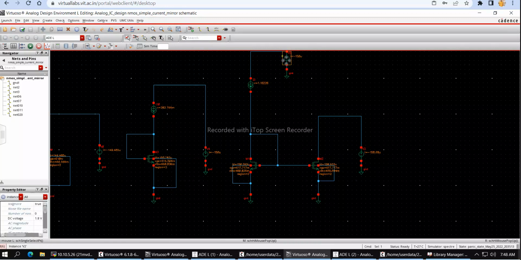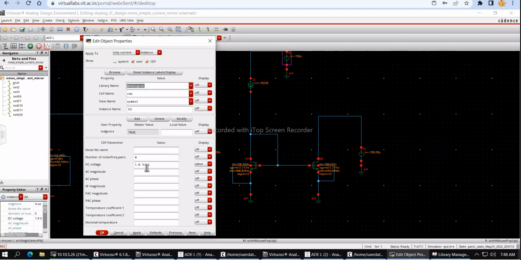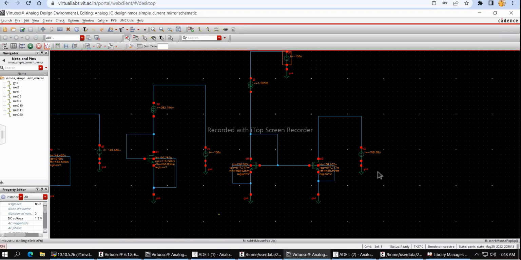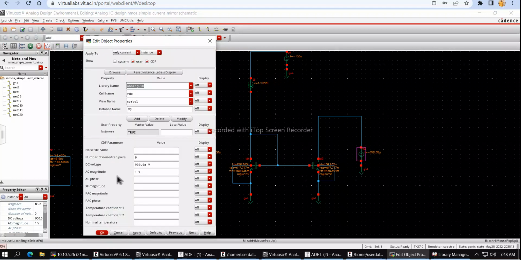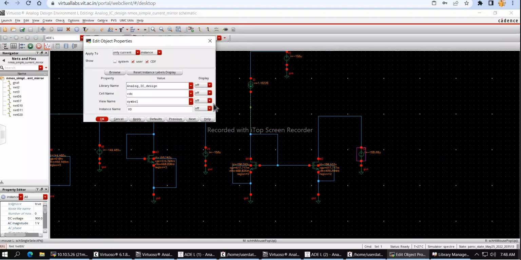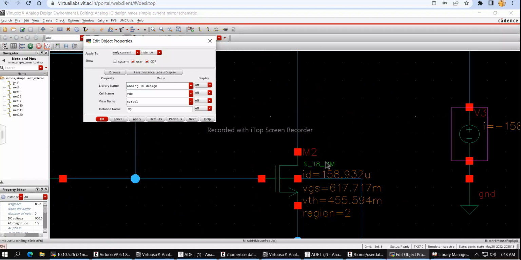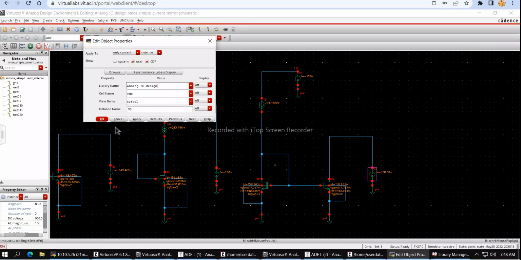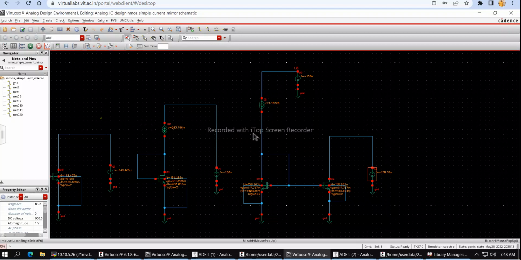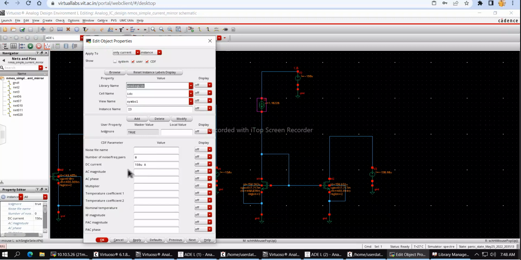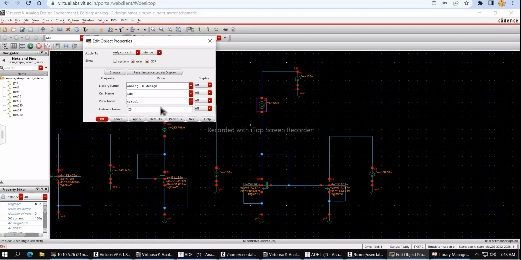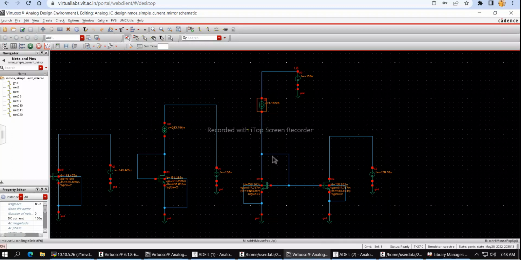The source voltage VDD is almost 1.8 volts, and the voltage here should be 900 millivolts or 0.9 volts to ensure this NMOS M2 is always in saturation. Now this current source should be a current of 150 microampere. Now we shall simulate.